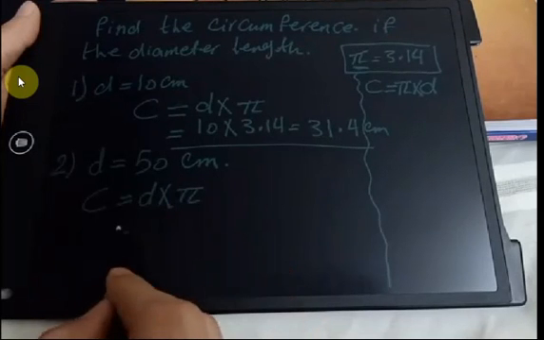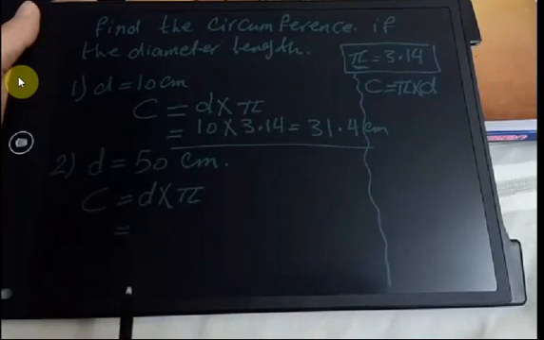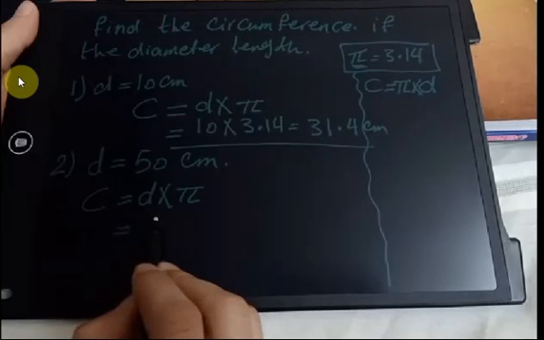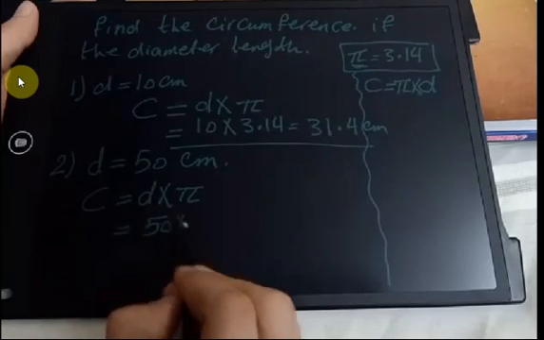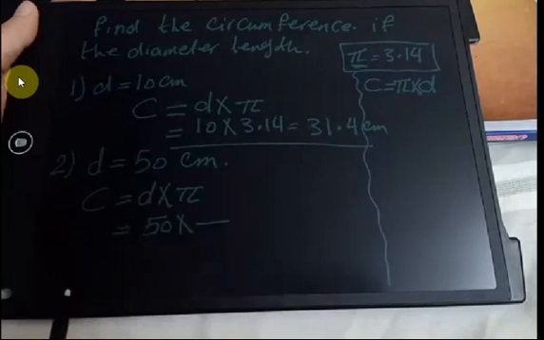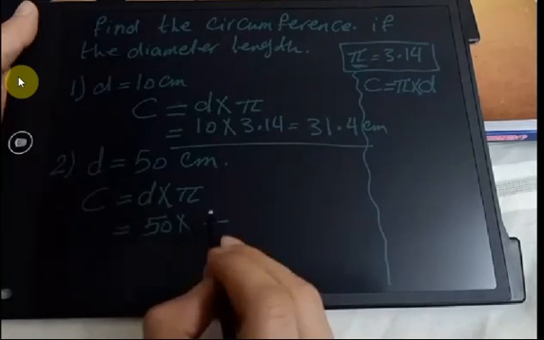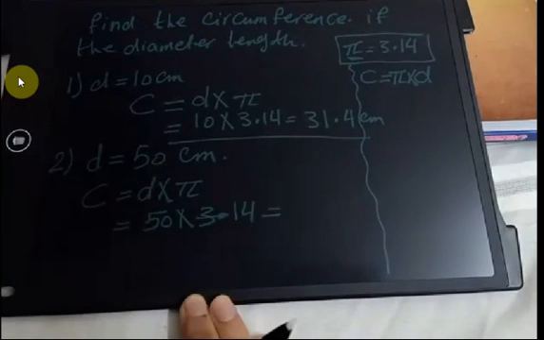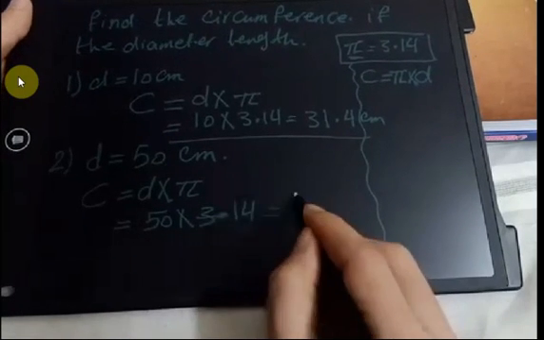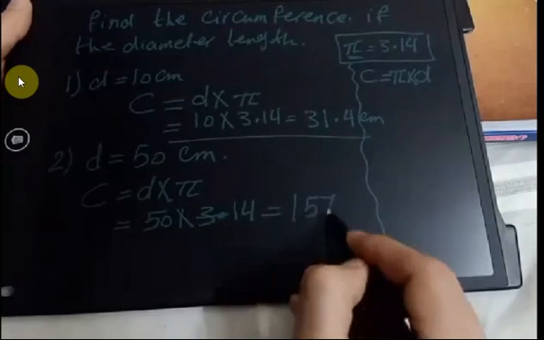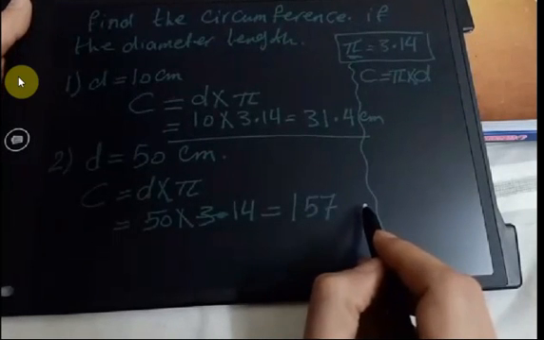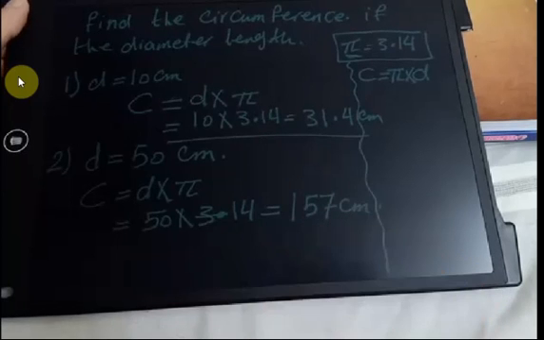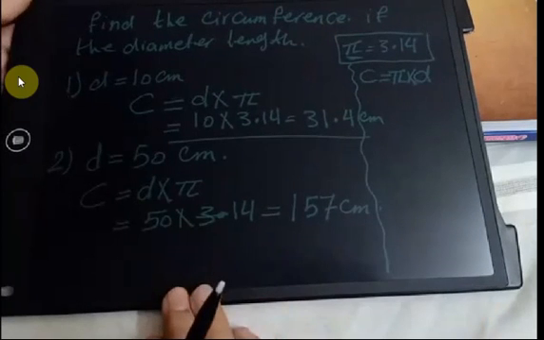So it equals 50 times 3.14, which is 157. 157 what? Centimeter. Yes, centimeter. Okay, guys, anyone can't understand these two questions?